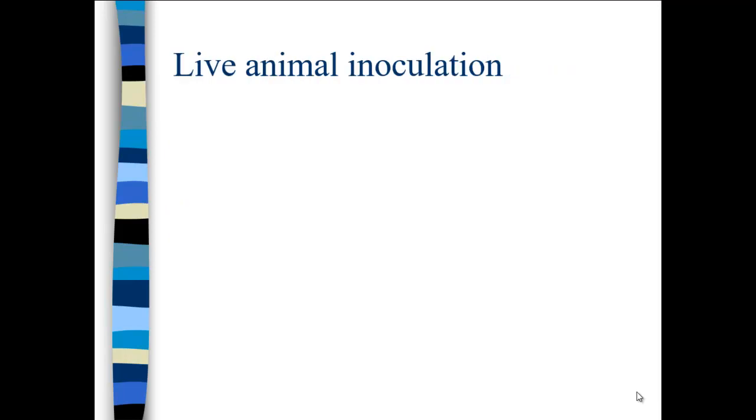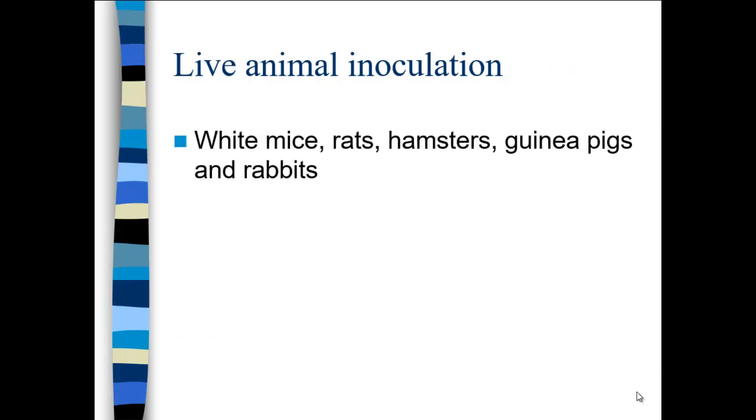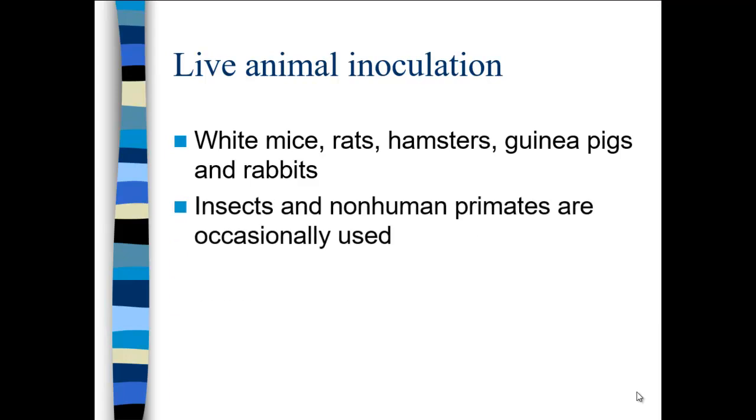They are very difficult to cultivate. And a lot of times what you do is you take a live animal and you inoculate the virus directly into the peritoneal fluid of the animal. This is done with small animals, mice, rats, hamsters, guinea pigs, and rabbits all the time. Okay.